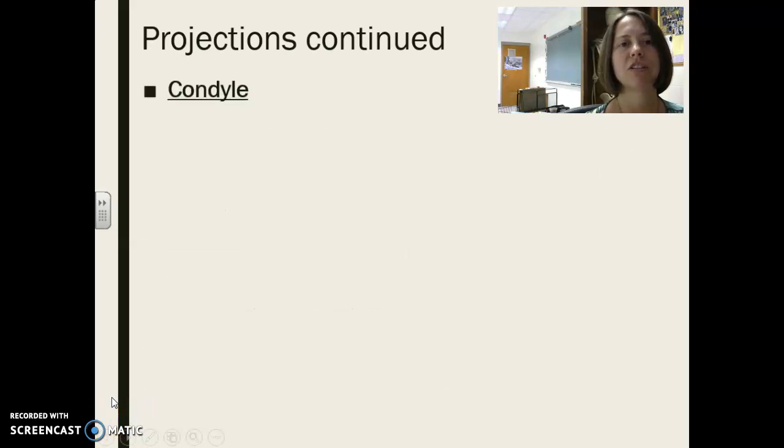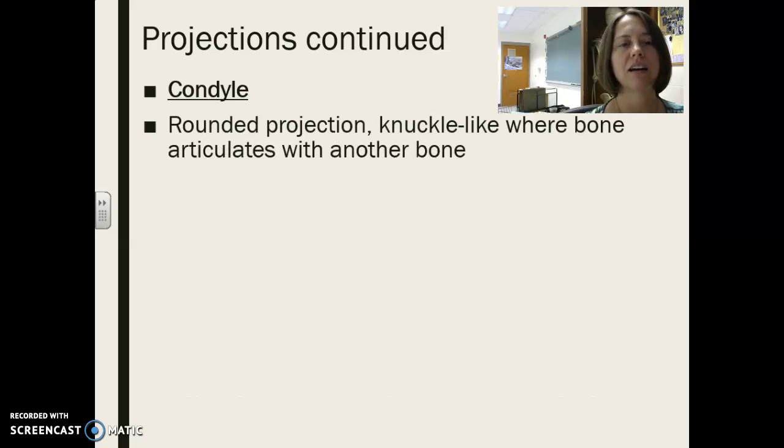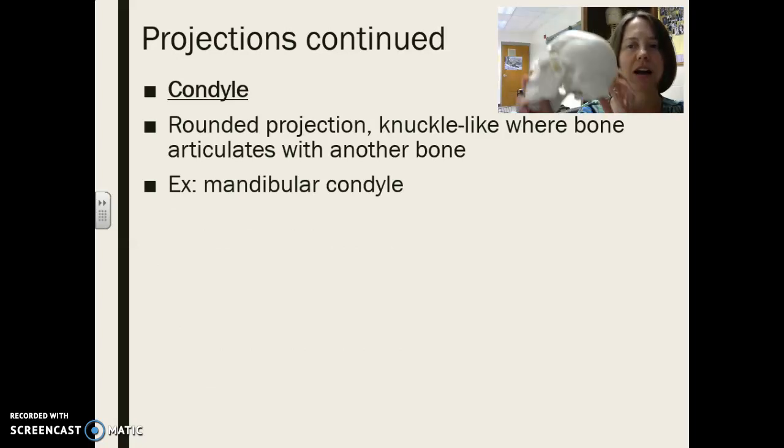So more projections. One of them is a condyle. And a condyle is a rounded projection, knuckle-like, where bone articulates with another bone. And an example is the mandibular condyle.